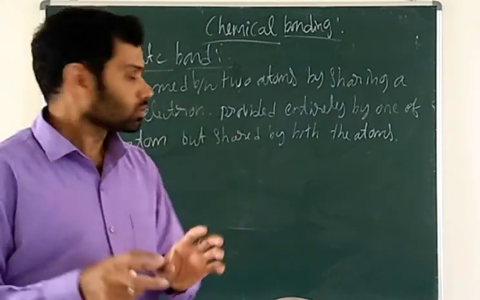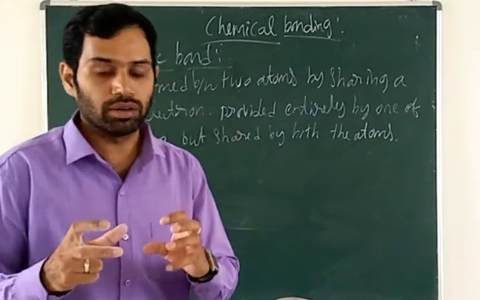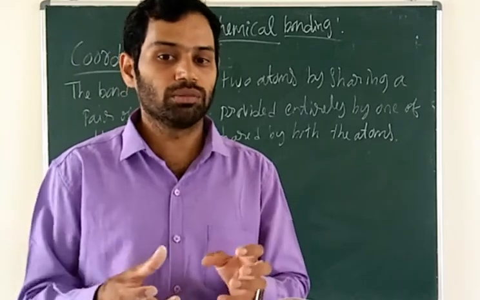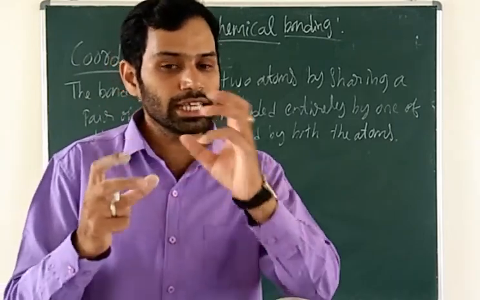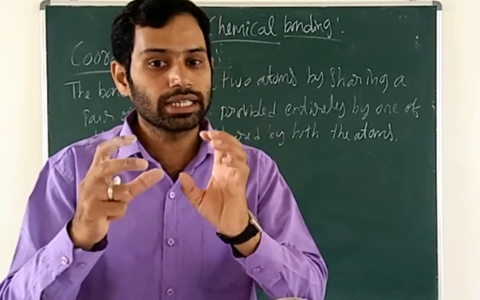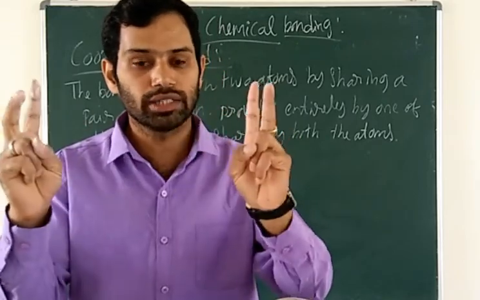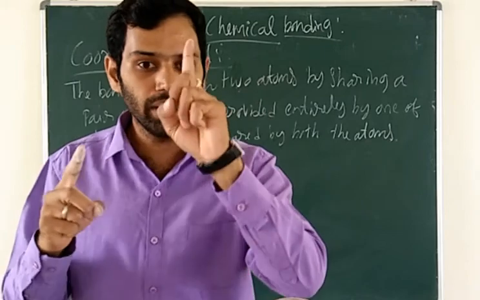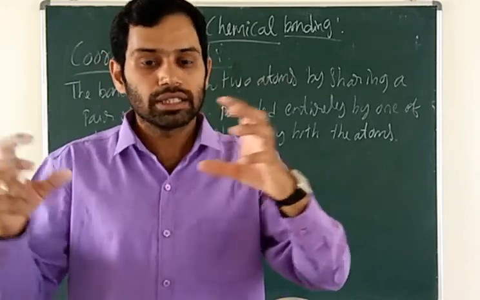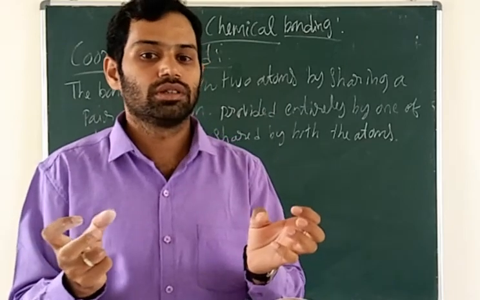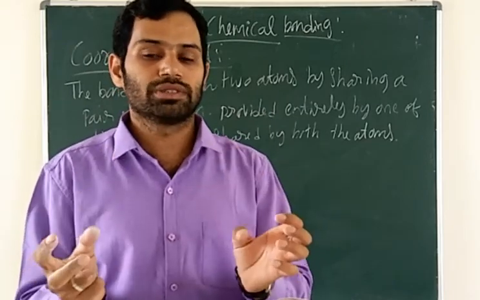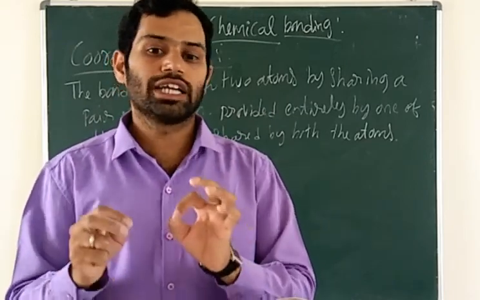So they form the bond between two atoms by sharing the electron. But the shared electron pair is provided entirely by one of the two atoms, and the shared electrons are shared by both the atoms. That is called a coordinate bond.